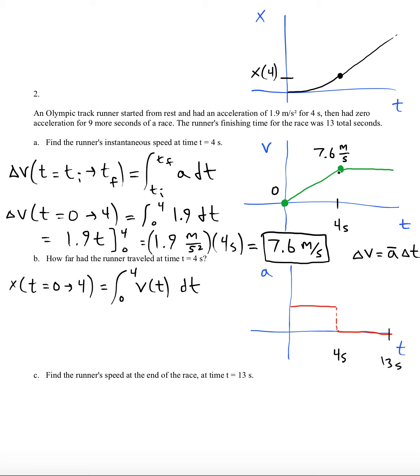So we need a formula for this v versus t graph. Well, luckily we have enough information to find the formula for this segment of it at least.